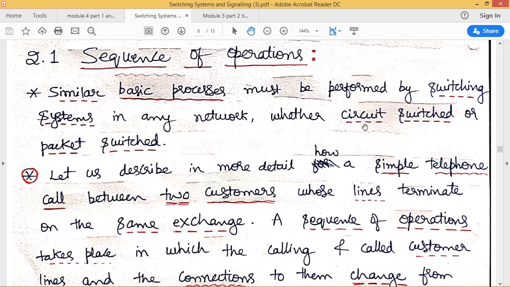We know the clear difference: in a space division network, we need a circuit connected from one user to another over the entire duration, whereas that is not the case in a time division network. There the data is sent in terms of packets or frames, PCM frames. Whatever the network, the basic sequence of operations performed by the switching network, whether space division or time division, remains the same.